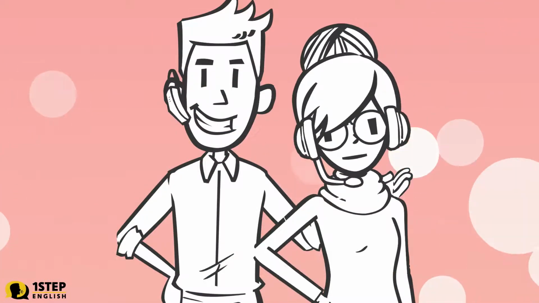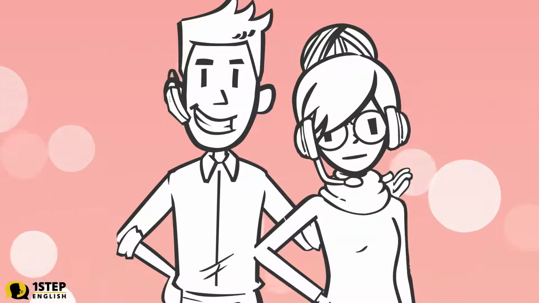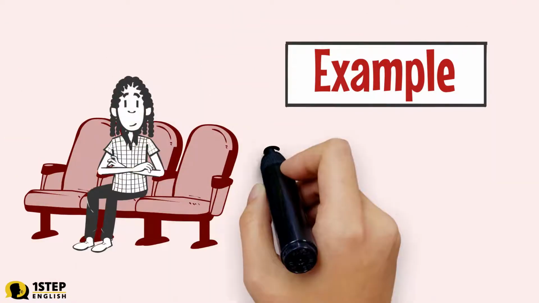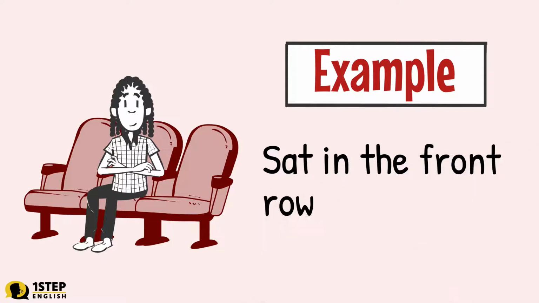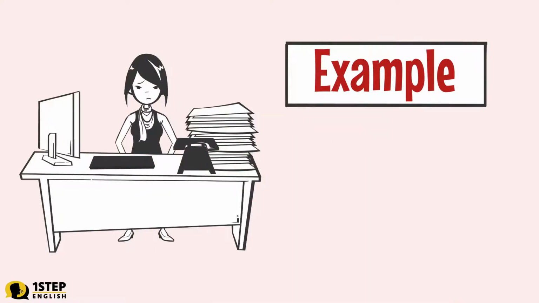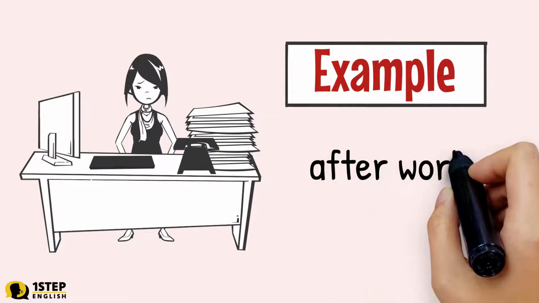Here are some examples of a sentence fragment. Sat in the front row. After work.